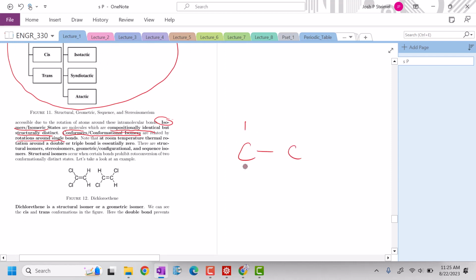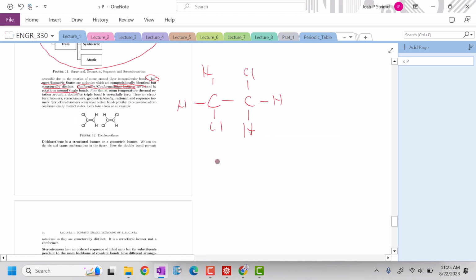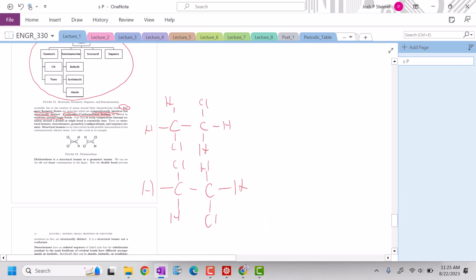Let's say I have H, and let's say I have, for example, Cl, H, and then, for example, I've got C, H, and then you can have Cl here, H, and then you can have ClH. So these two are compositionally identical, but you see that we've rotated basically around this single bond here to change the positions of our Cls.